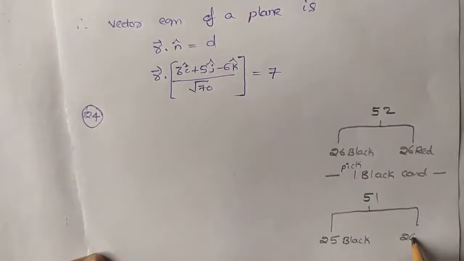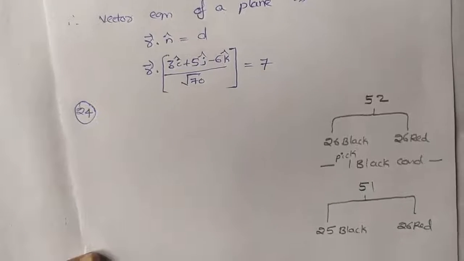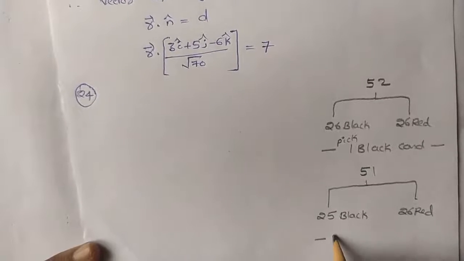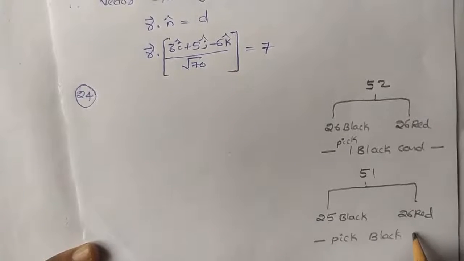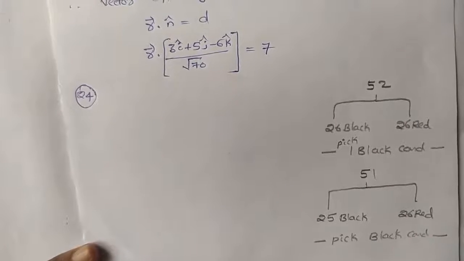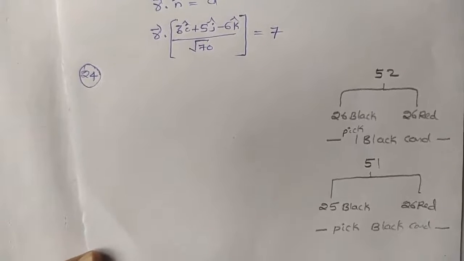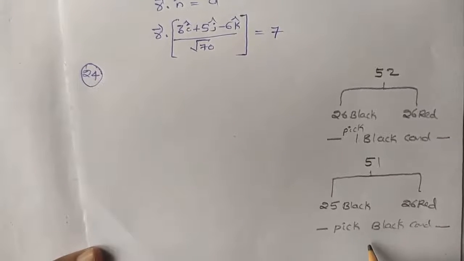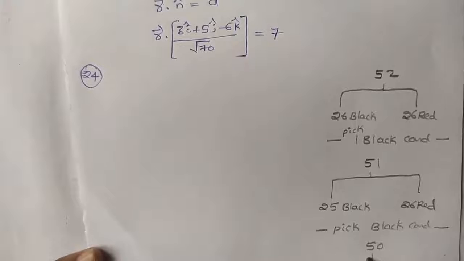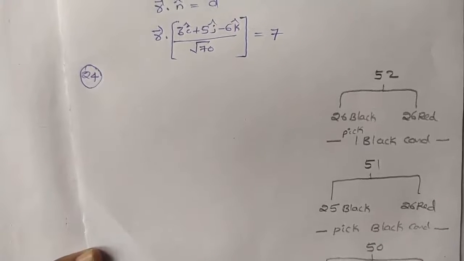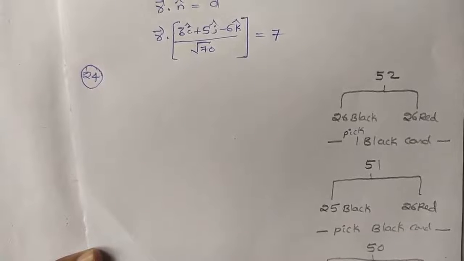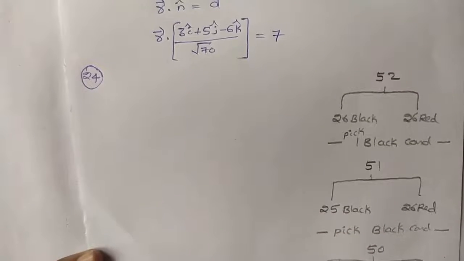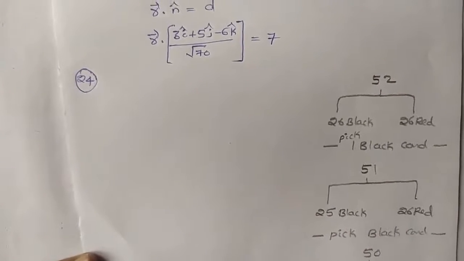Next, 26 red. Right? If we pick one more black card, then how many cards will be there? 50 cards without replacement. So 24 black and 26 red cards. This is what we have to find.